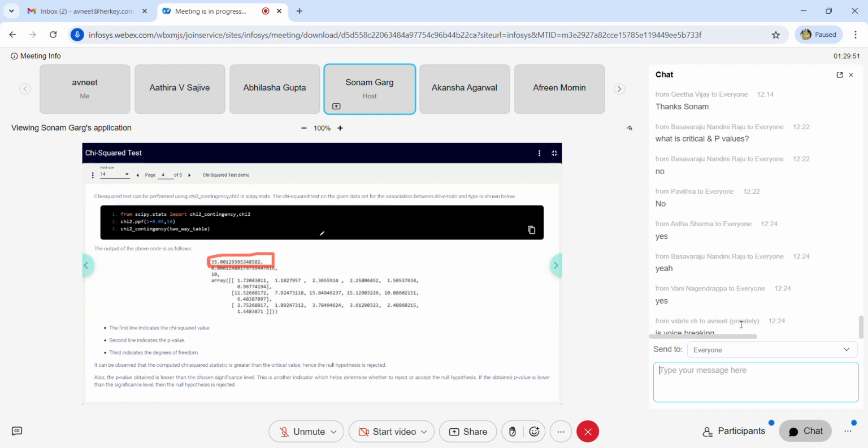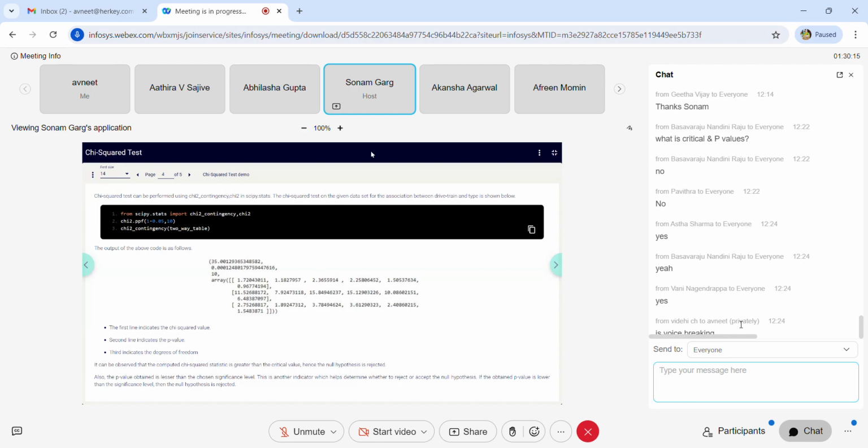If you're using an f-test, this will be called the f-test statistic. So in general, we call it the test statistic. This, as well as the next one, which is the p-value, can be used for final inferencing and comparison with your hypothesis testing. How? Now let's say this p is coming to be this one, 0.0012.